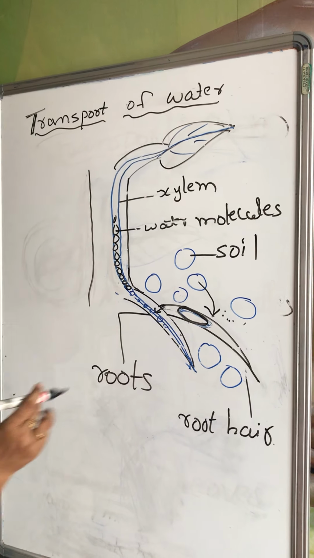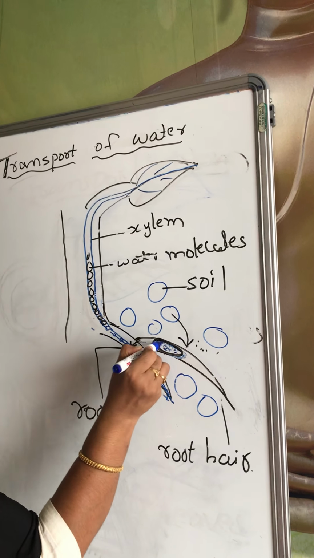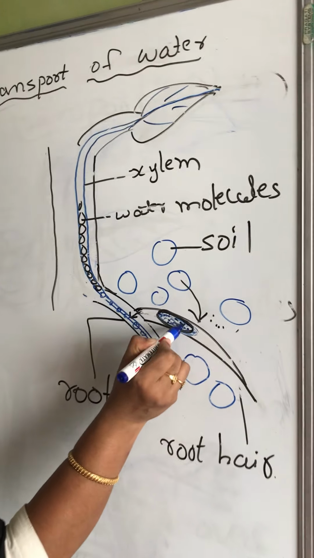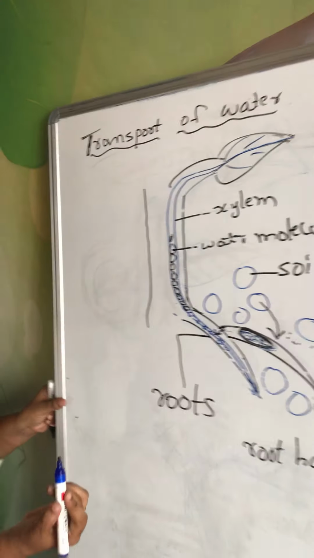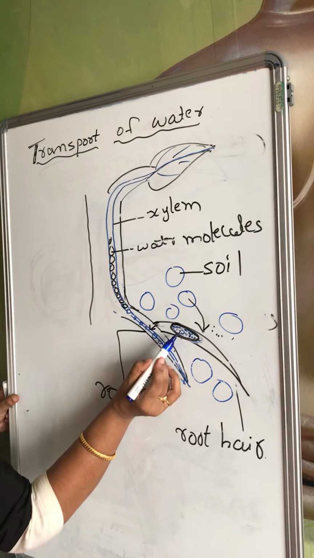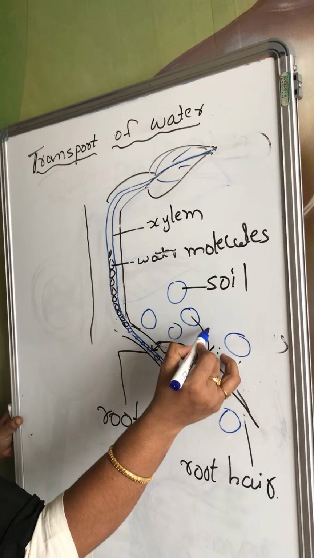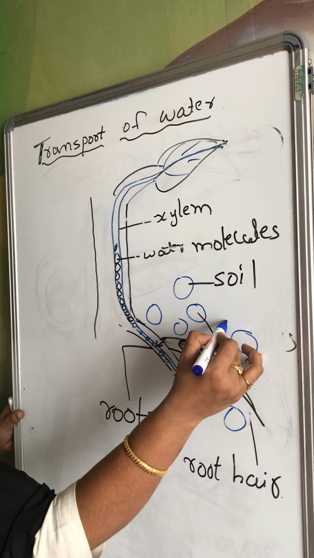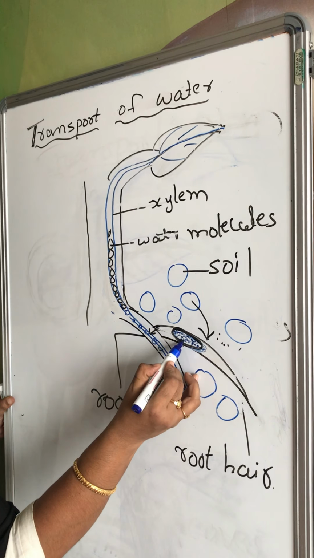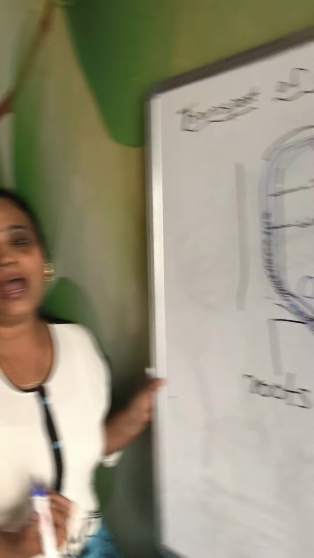This vacuole is also filled with water, because the vacuole is filled with sap which contains water. Now if you see, the water will be very high outside and comparatively low inside. So the water molecules will move from high concentration to low concentration. That means it is a passive transport and it is simply by diffusion.